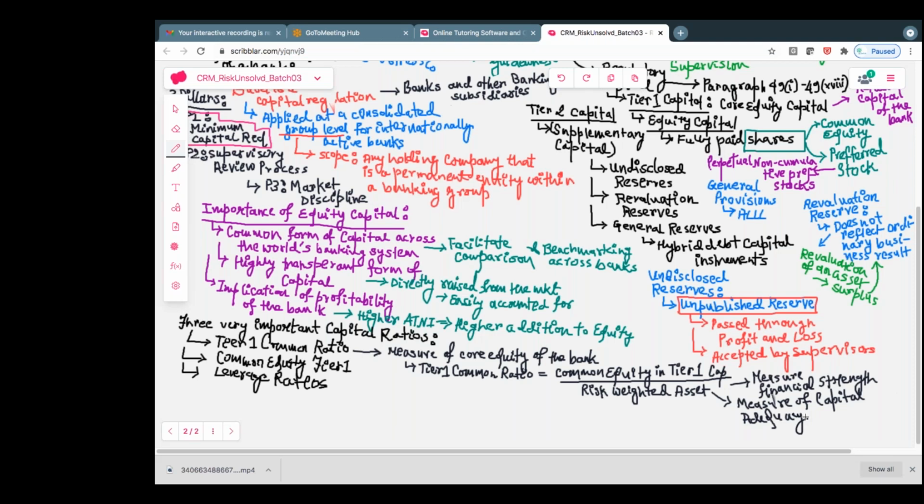So we have this measure of the financial strength, measure of the capital adequacy, the tier 1 common ratio, and so on.